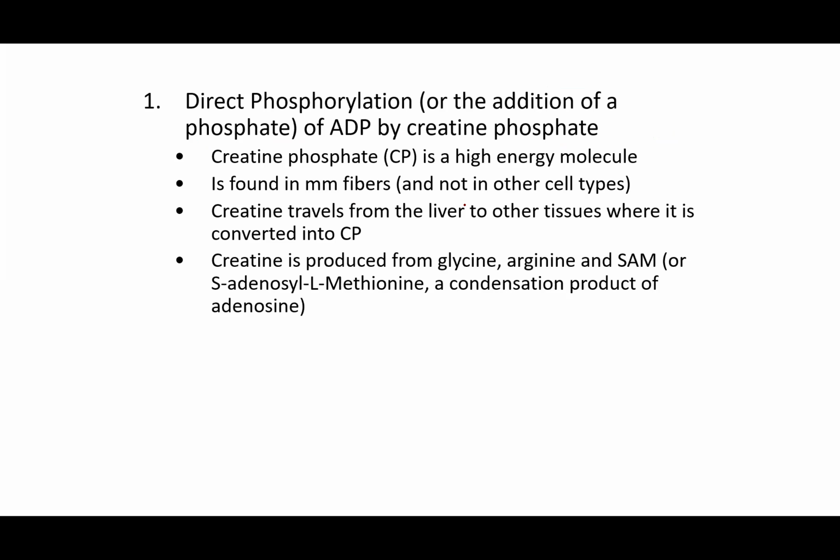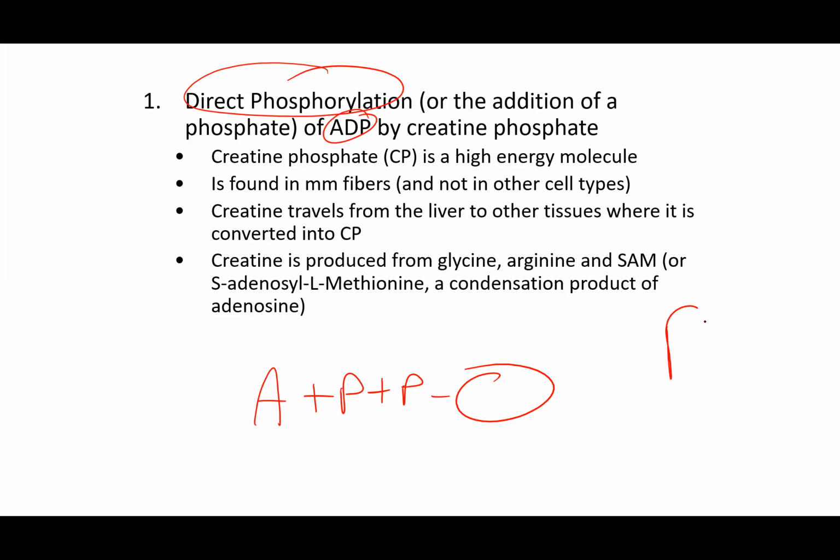Okay. With direct phosphorylation, ADP is adenosine plus a phosphate plus a phosphate, and you're missing that third one. So when you directly phosphorylate, you're taking that extra phosphate and adding it, which turns it into A plus the 3 phosphates.